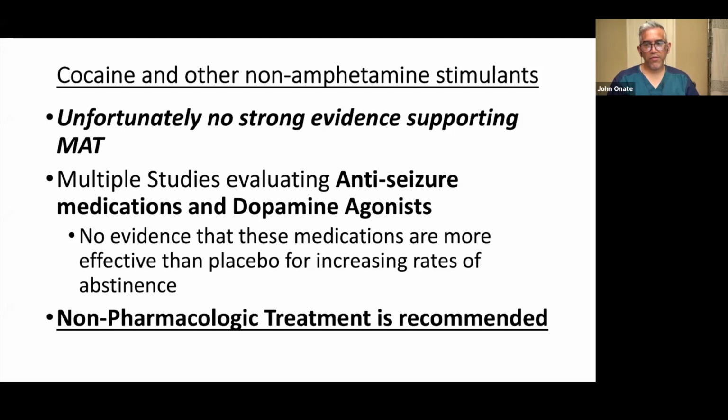There are also some on the interventional psychiatry wing. There are some interesting studies looking at rTMS, transcranial magnetic therapy, particularly for stimulant or methamphetamine use disorder, that are very promising. But access is limited, especially in the Medi-Cal population.